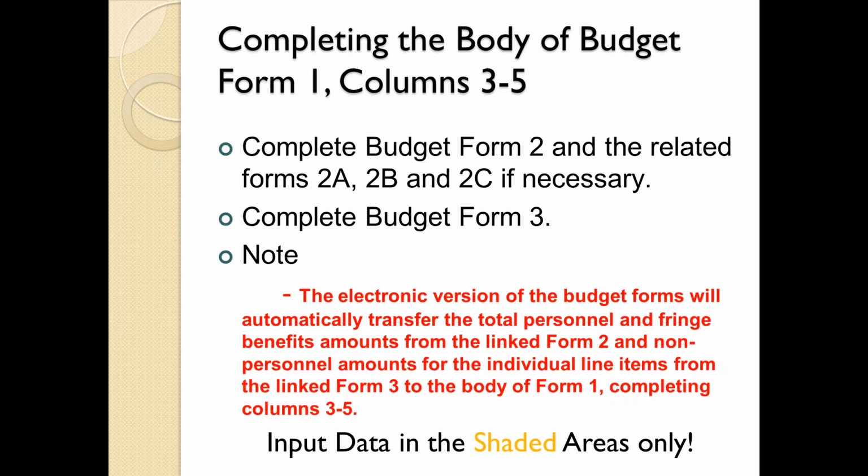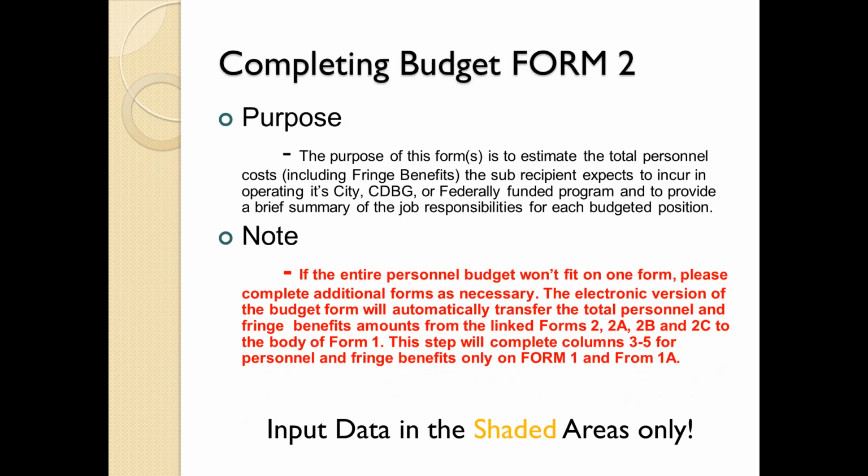This is why you'll see from the form that the body of the form has no shade in it, because you don't input data in the summary form. In order to complete the body of the summary form, you'll have to complete Form 2, any extensions, or Form 3. Go ahead, Victor, hit it.